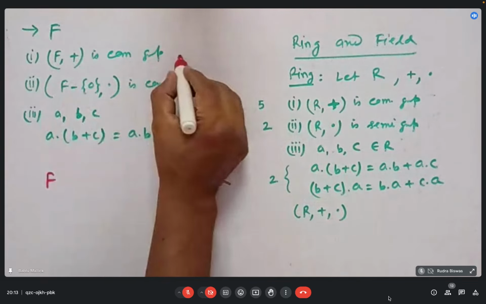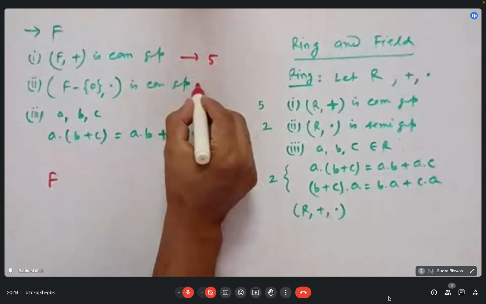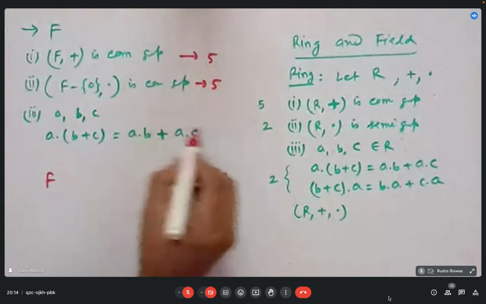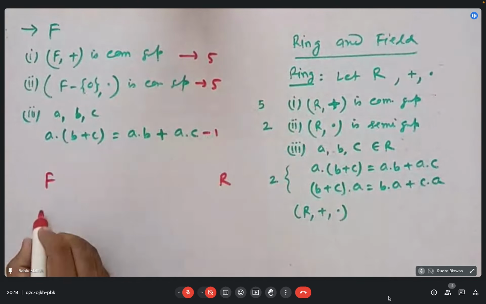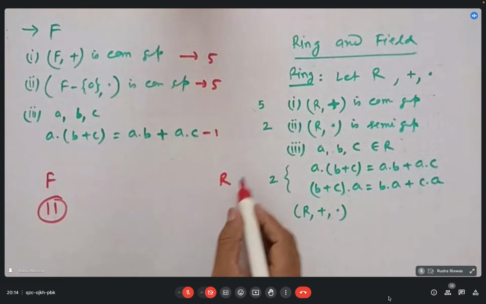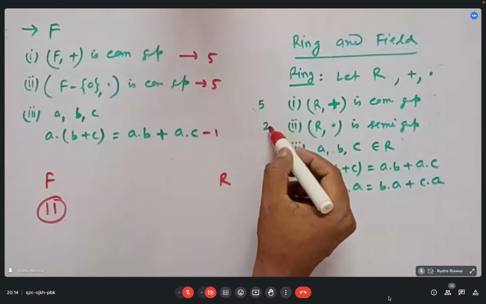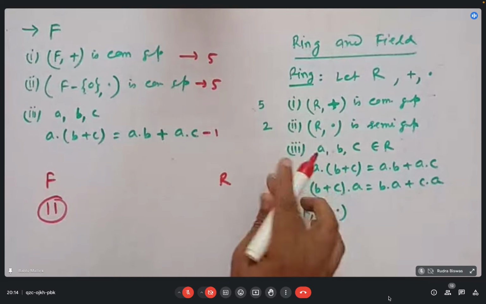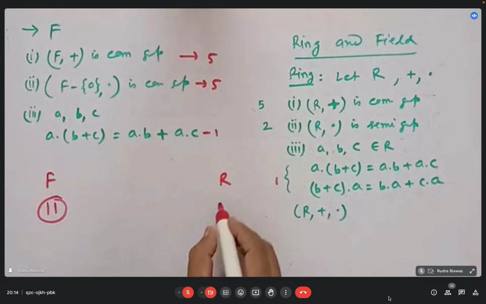In a field there are total 11 conditions, whereas in a ring there are 8 conditions.